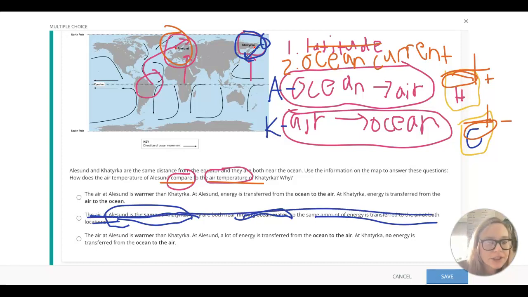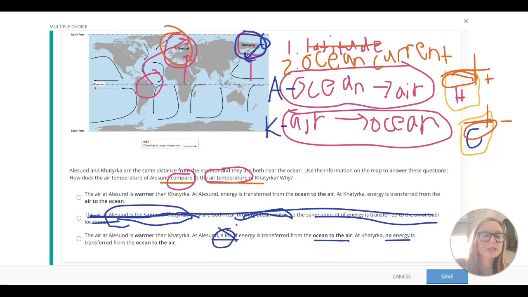All right, our next option says the air at Aslan is warmer than Katra, which we are agreeing with. At Aslan, a lot of energy is transferred from the ocean to the air, and at Katra, no energy is transferred from the ocean to the air. My question when we look at an answer option like this is, do we know how much energy is being transferred? We know that there is energy being transferred through these ocean currents and due to their distance from the equator, but we don't really know how much energy is transferred.